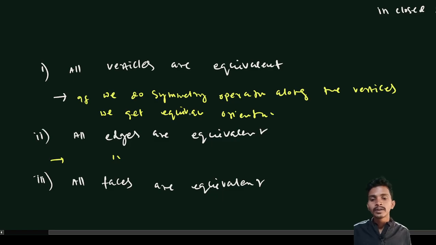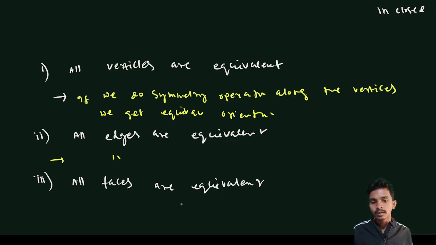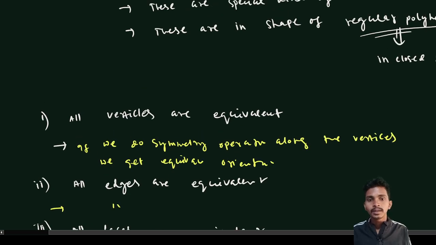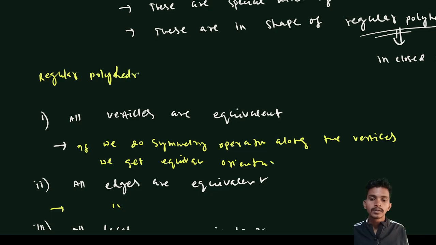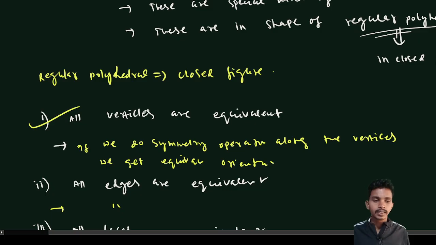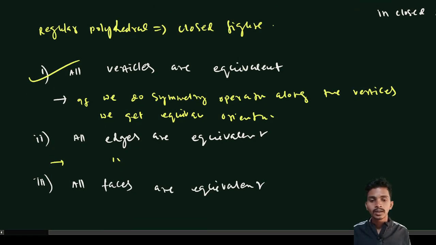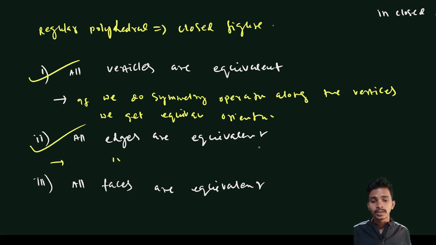So these molecules are highly symmetric. These are regular polyhedra with closed figures, since all vertices are equivalent, and operations along any vertex or edge give equivalent orientations in space.